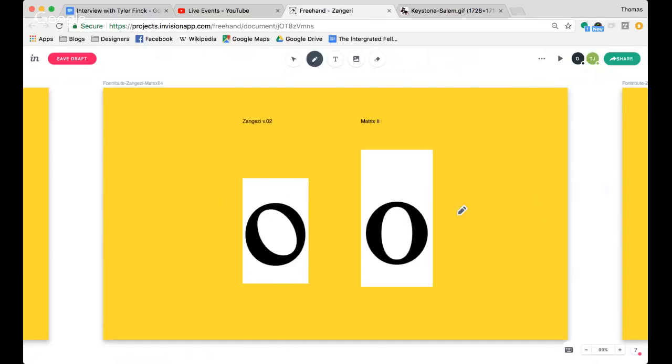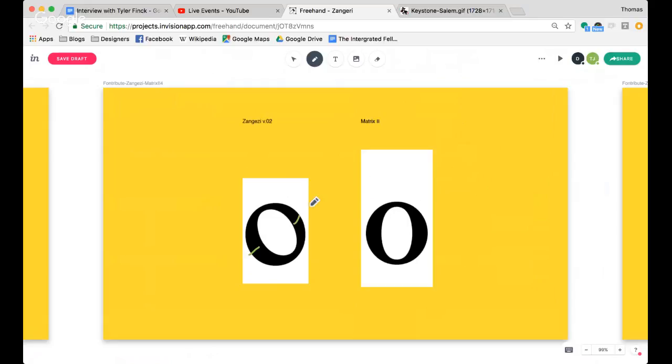All right, so now it's funny. Like the N, there was a lot of similarity, and then in the O's it just goes in completely different directions. So I'll start with Zangezi. The clear one is, well, there's a couple of things. One is the asymmetry in the weight distribution.